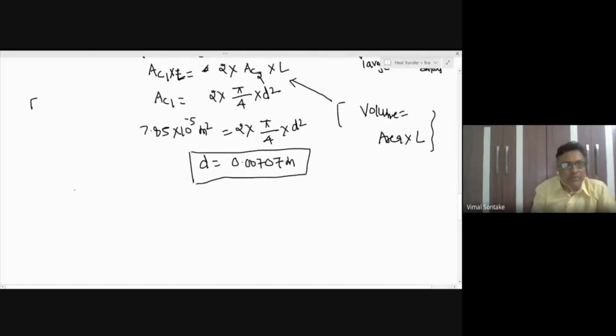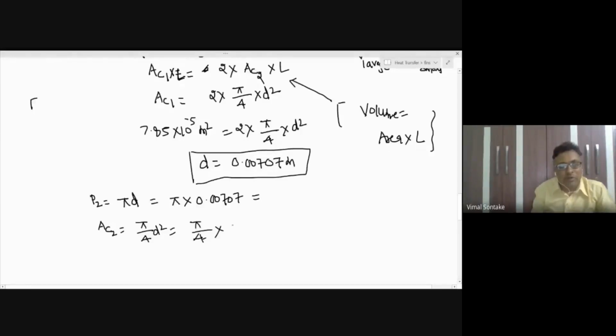Now I can calculate perimeter of the single fin, that is pi d, pi into 0.0070. Tell me what will be the value. Cross-sectional area of single fin, pi by 4 d square, that is pi by 4 into 0.0070 square. Tell me what are these values.